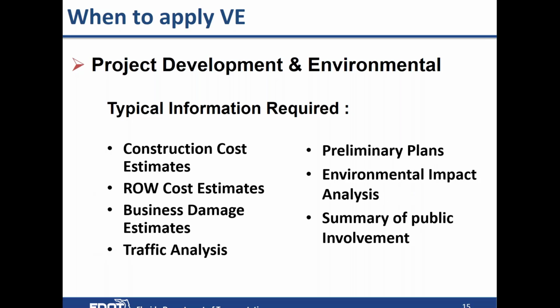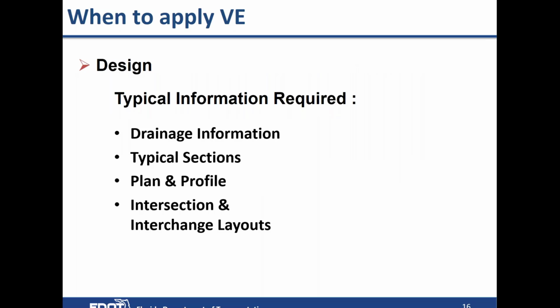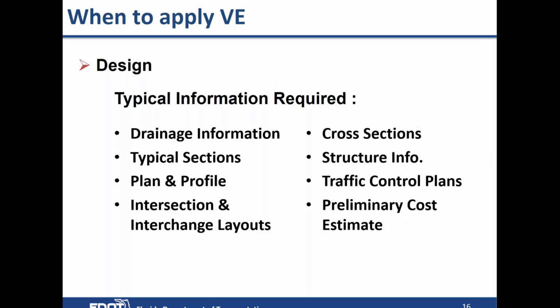You'll probably have better traffic analysis by that time. You'll get a summary of public involvement and what kind of commitments are being proposed and we've made. During design, you're getting more refined information, so the plan and profiles are probably at a better state. You'll have drainage information and know what type of typical you're using.